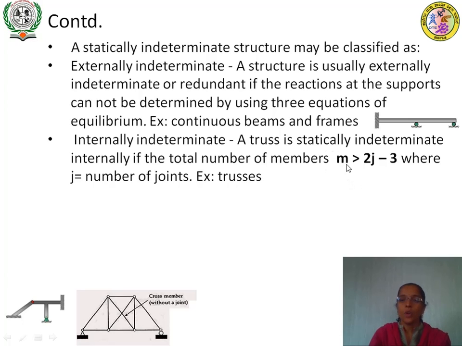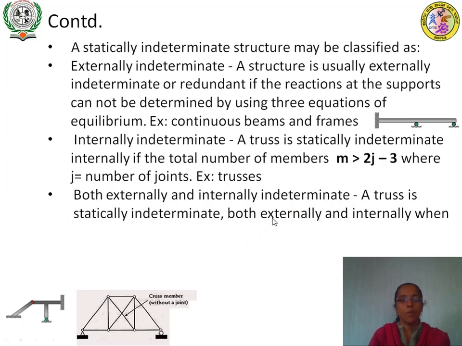So the members are more than 2j minus 3, hence it becomes internally indeterminate. If m is equal to or less than 2j minus 3, then it becomes an internally determinate structure. For this case, m is more than 2j minus 3, therefore it is an internally indeterminate structure. Next, both externally and internally indeterminate.